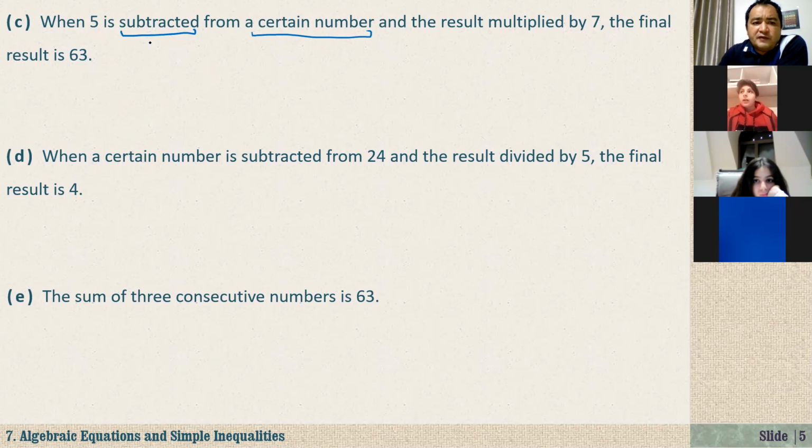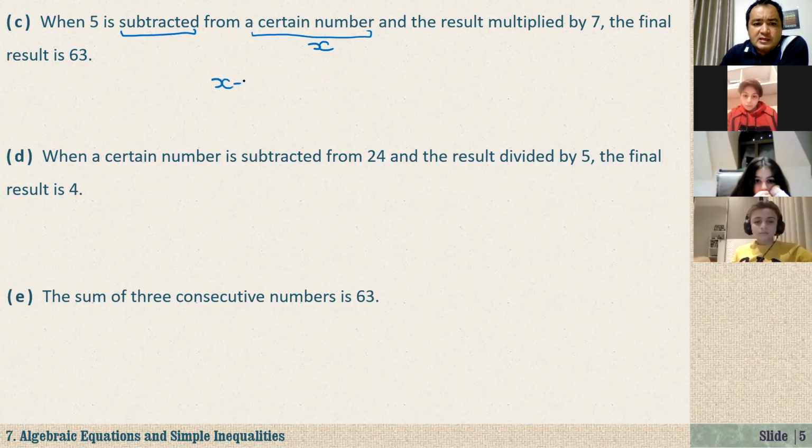Okay, when 5 is subtracted from a certain number, what is the certain number? We don't know. Let's say it is x. So we are subtracting 5 from this number. So that is x minus 5. And the result is multiplied by 7. And the final result is 63.